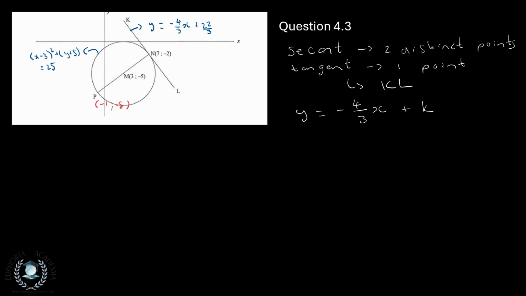So what we're going to do is sub in a point that we find on the diameter that crosses the circumference. So we're going to sub in our point P, and when we do that, we find that -4/3 times -1 plus k.